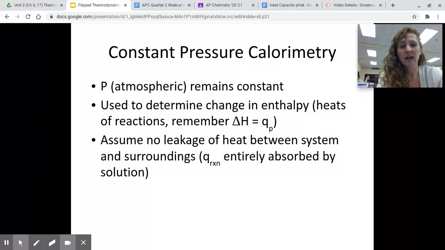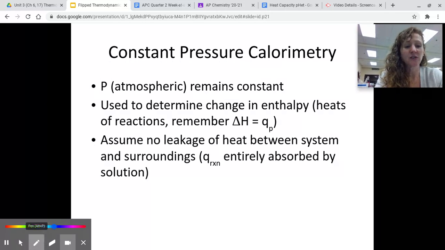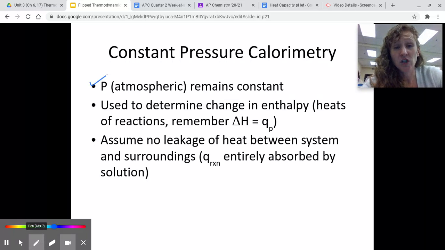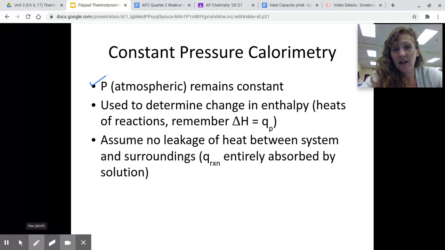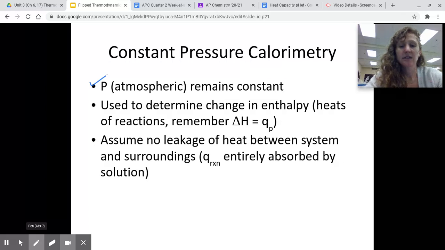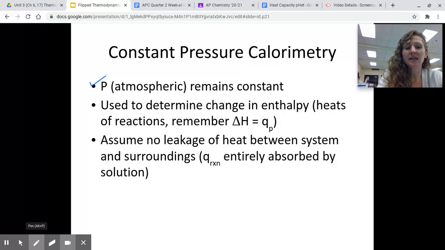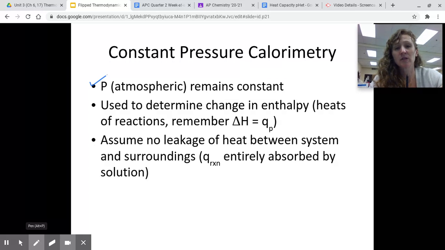First of all, atmospheric pressure has to remain constant, which it will as long as you have an open container. In this case, our total energy transferred is going to be the heat. We get to ignore work because it's under constant pressure.